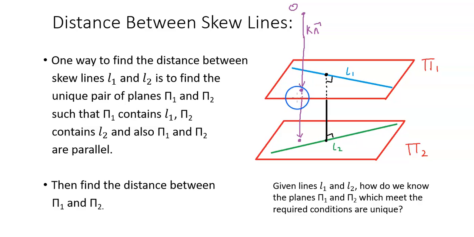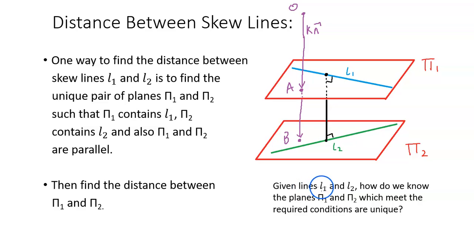And then you get 2 points, A and B, on the planes, and then you just calculate the distance between A and B. And that will be the same as the distance between the two planes. You could do it that way, but it's a decent amount of work, and there's actually a faster way to do it that we'll take a look at shortly.